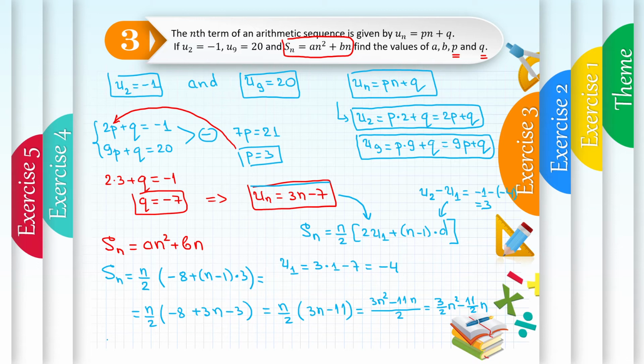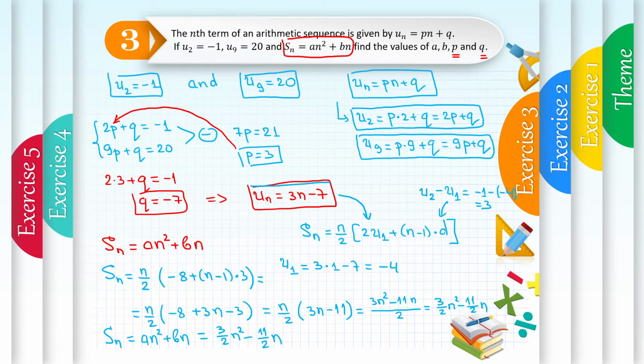So, from one side, S sub n is equal to an squared plus bn. From another side, the same S sub n is equal to 3 over 2 n squared minus 11 over 2 n.